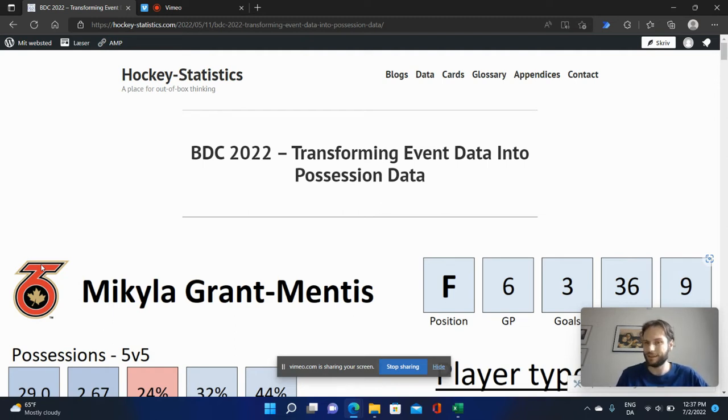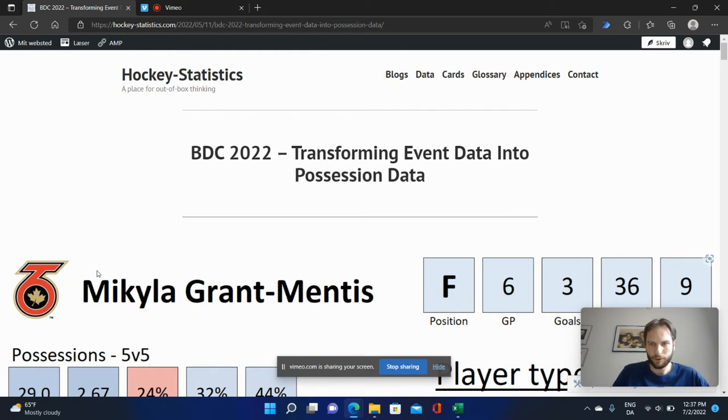How far is the player carrying the puck? We know where the possession starts and where it ends. So this gives us two extra variables that we can look at. I don't think anyone else has done it, at least not in the public sphere. I haven't seen anything like this before, so I think it's relatively original.